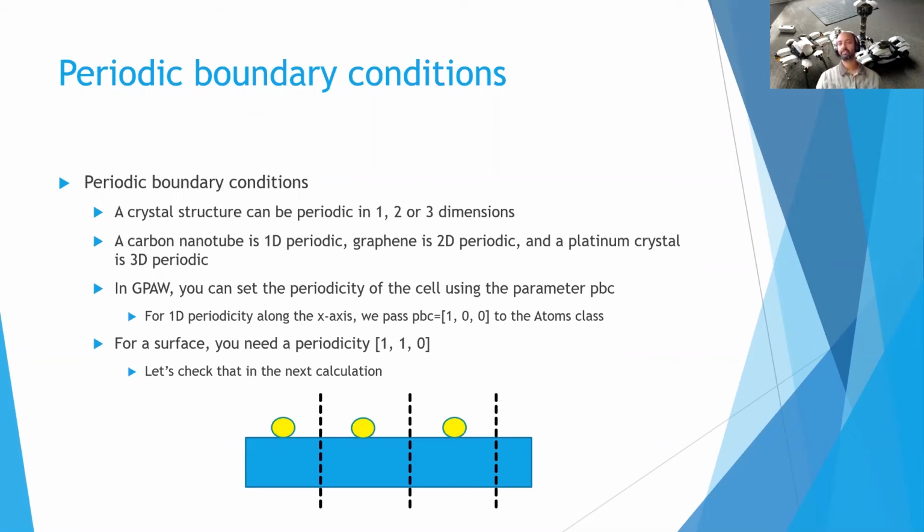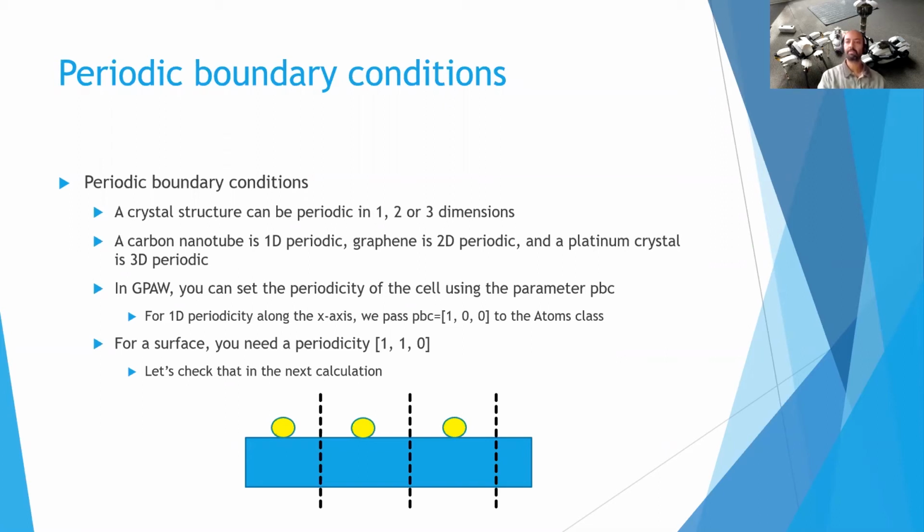But if you want to represent, for example, diamond, the unit cell of diamond, diamond is a crystal, right? So the unit cell of diamond, which has 8 atoms, you want GPAW to look at it as an infinite number of those 8 atoms repeated in all directions. So periodicity has 3 directions, the X and Y and the Z, right? If the system is periodic in 3 dimensions, like diamond, then it's 3D periodic.